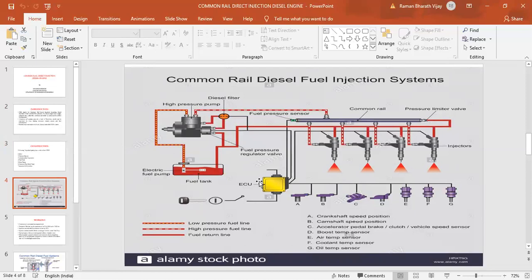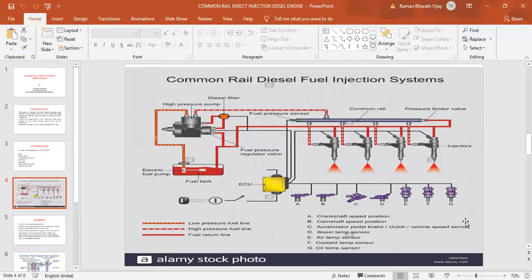At one corner there is a line which connects to various sensors A, B, C, D, E, F, G. A is crankshaft speed position sensor, B is camshaft speed position sensor, C is acceleration pedal brake sensor or vehicle speed sensor, D is boost temperature sensor, E is air temperature sensor, F is coolant temperature sensor, G is oil temperature sensor.